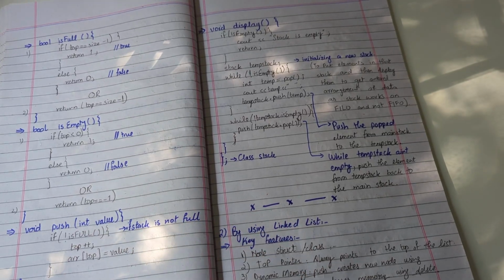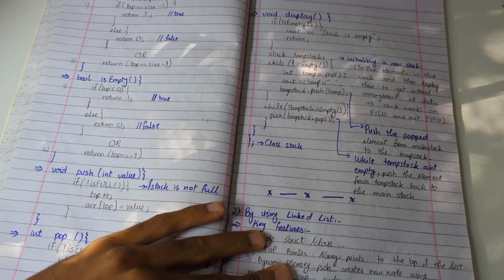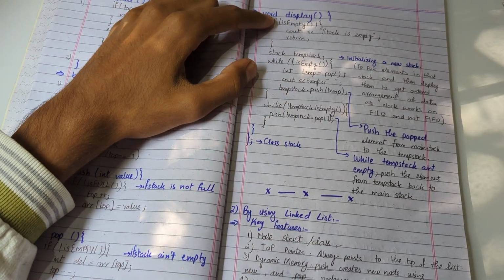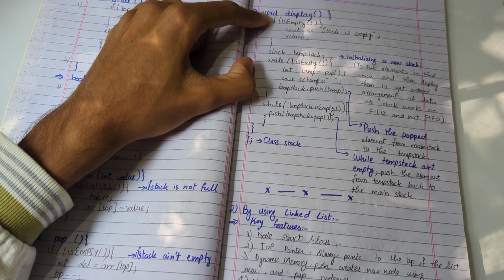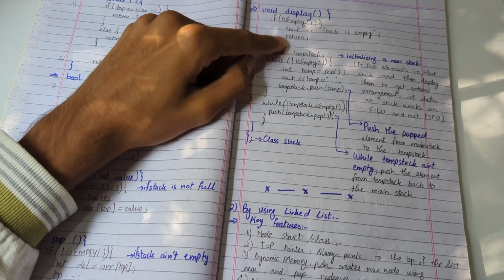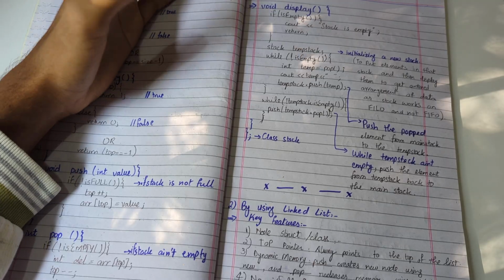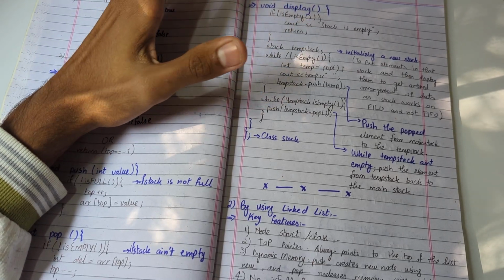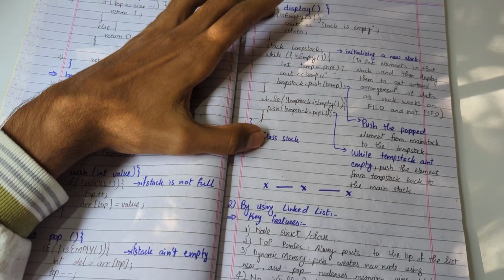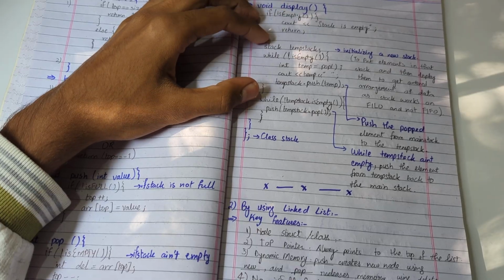Now, to display the elements of a stack, we first check if it's empty. If the stack is empty, we say the stack is empty, so we cannot display anything. Displaying a stack gets a little tricky.